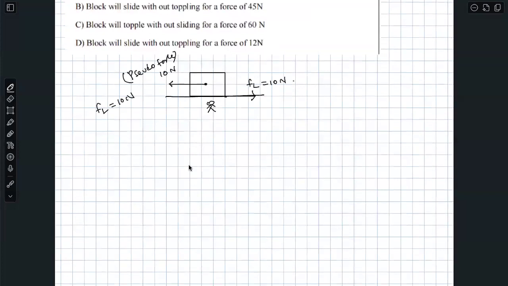This is the case when F is equal to 0, and you are applying a force. Already you have a pseudo force, 10 newton pseudo force.